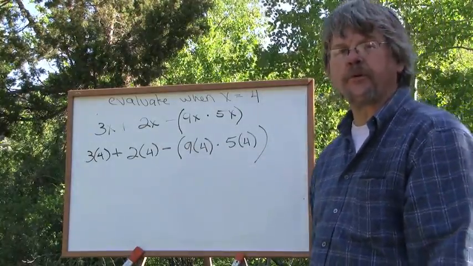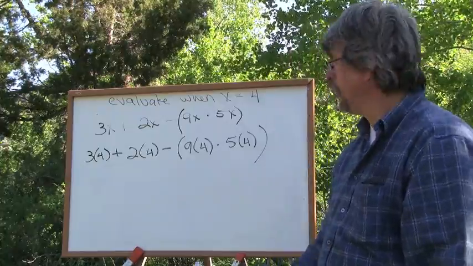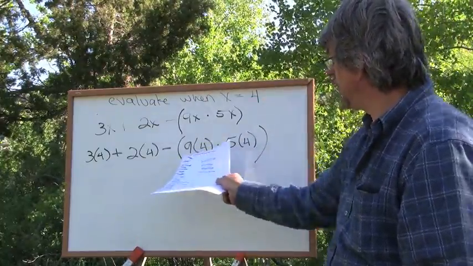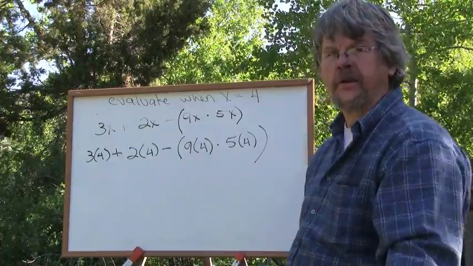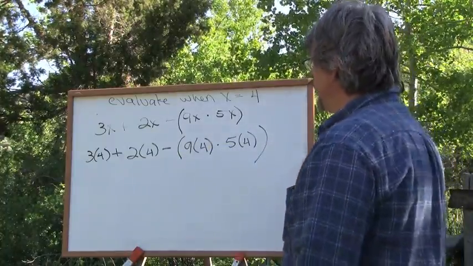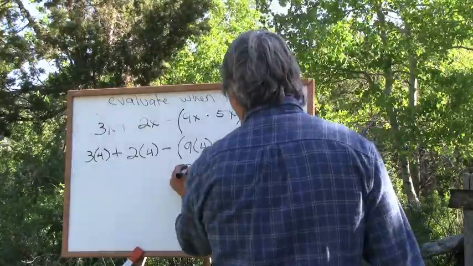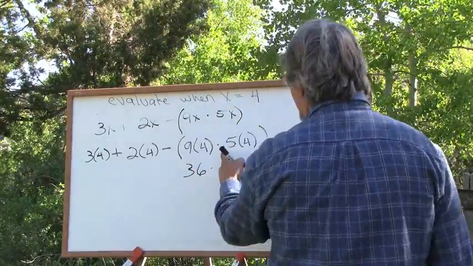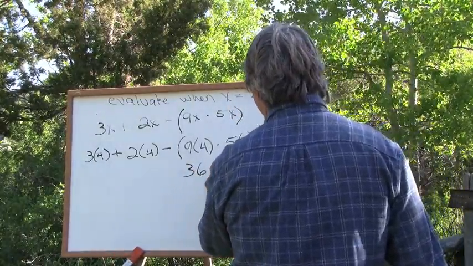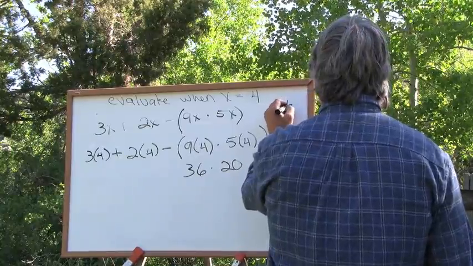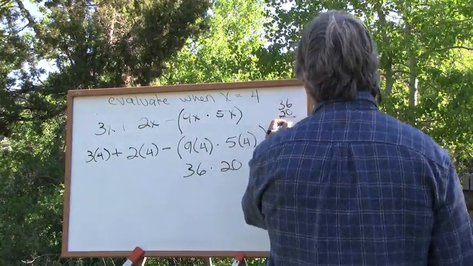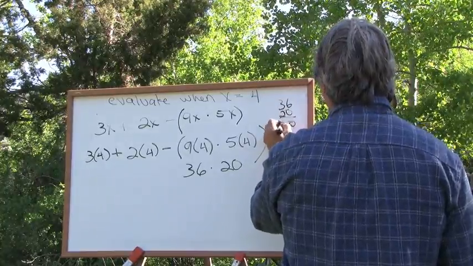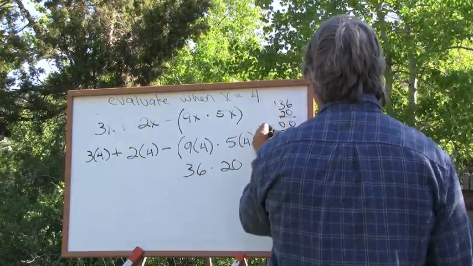Now we do the operations, but we do it in order, so we're going to evaluate what's in the parenthesis first. Always, always, always in parenthesis first. 9 times 4 is 36. Times 5 times 4 is 20. Oh boy. 36 times 20. Well, 360 and 360 is 720. This should be 720. I'm going to go ahead and multiply it out. Yep, 720.